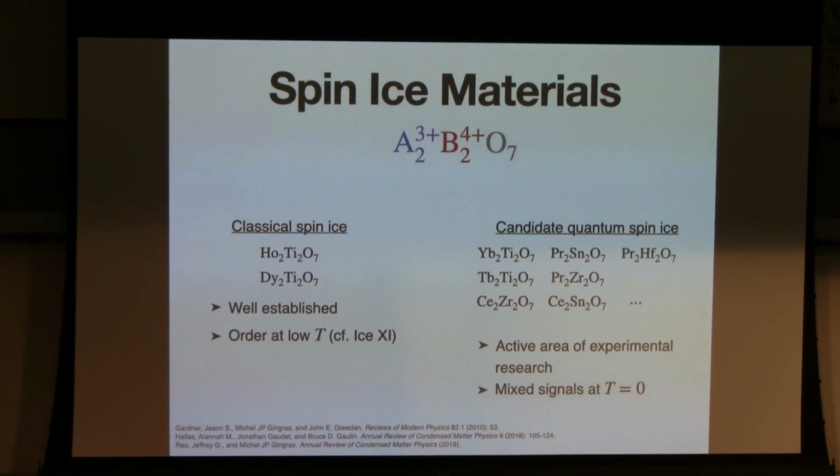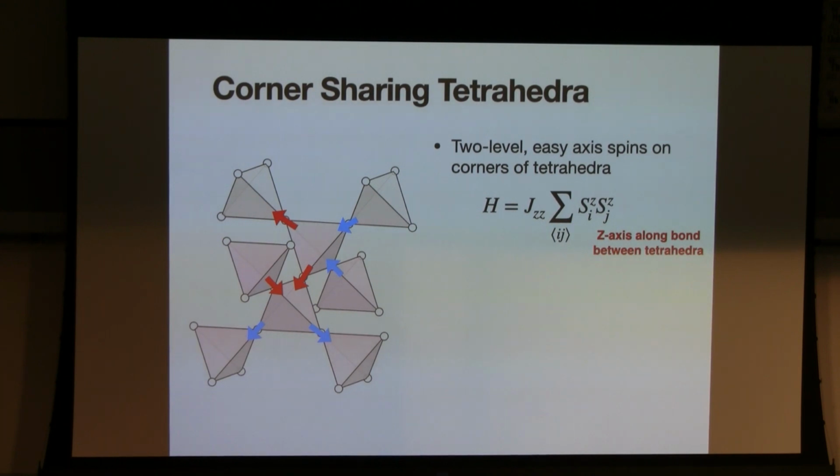So let's come back to, as I've alluded to multiple times, the quantum part of the spin ice story. Here is my lattice of corner-sharing tetrahedra. The starting point for understanding it is that we have two-level easy-axis spins on each of these atomic sites.